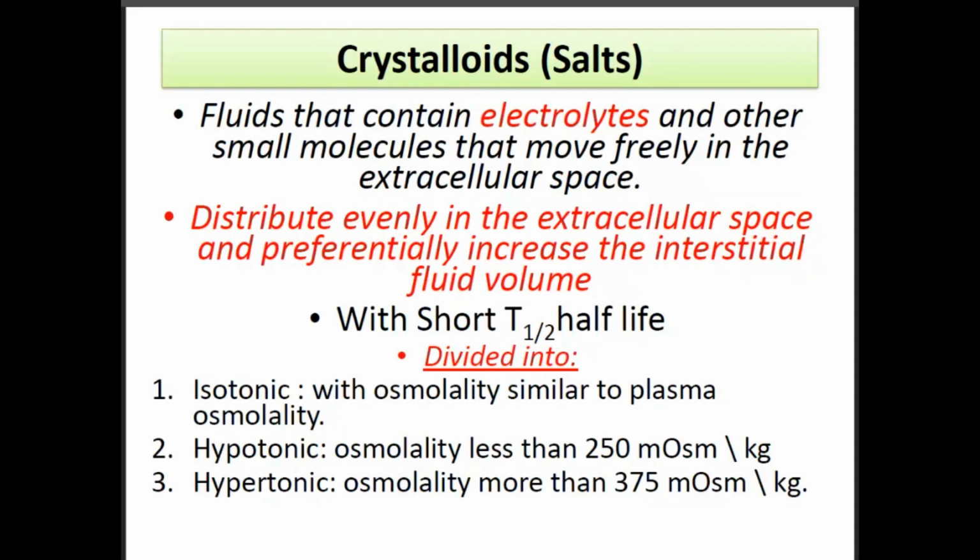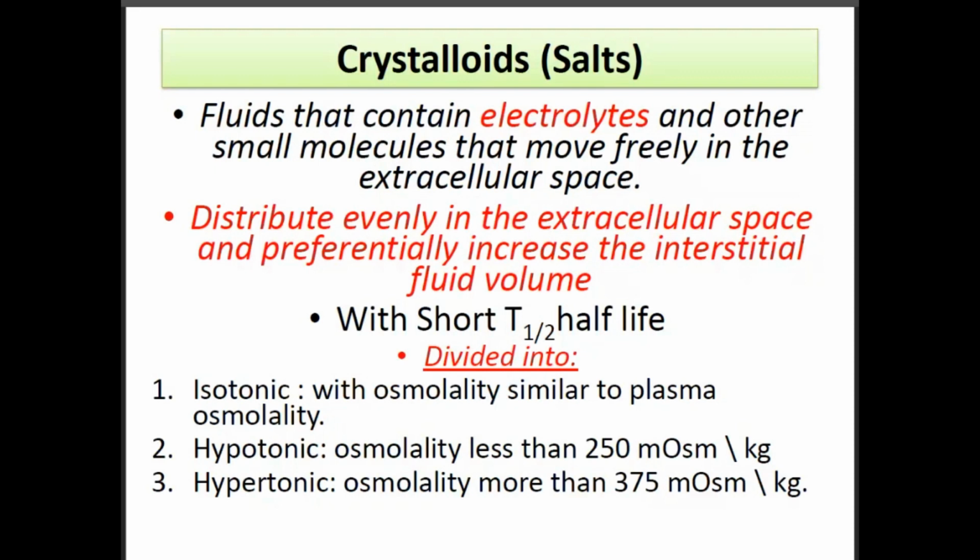Okay, and crystalloids are divided into isotonic, hypotonic, and hypertonic. This division is relative to the osmolarity of the plasma. Osmolarity similar to the plasma is isotonic. Hypotonic is osmolarity less than the plasma. Remember, we said the plasma. What is the osmolarity of the plasma? If I ask you, the answer is somewhere between 275 to 300, or 290 something milliosmol per kilogram.